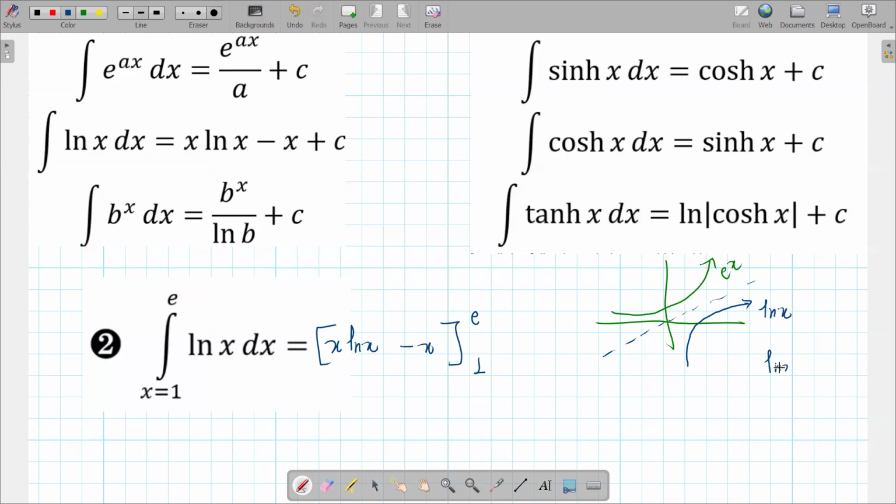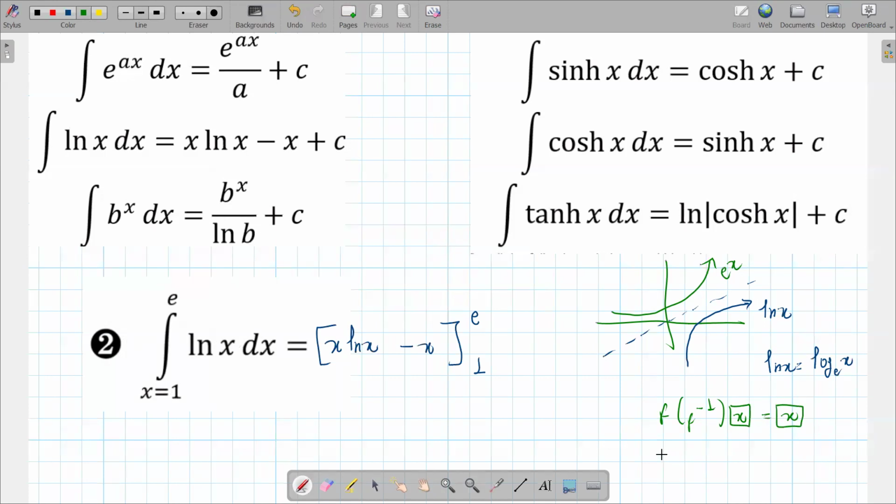Ln of x is equivalent to log base e of x. So these two are inverse functions. When you plug an inverse function within the main function, I can treat either one as the inverse of another. If you plug any value x in there, they cancel each other out. You would get an x.